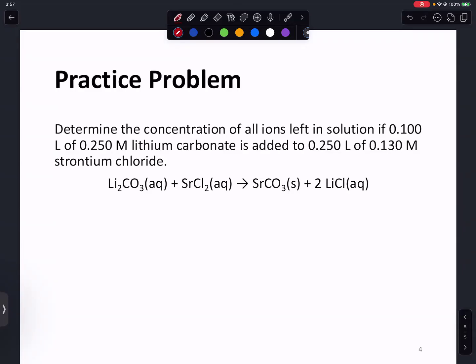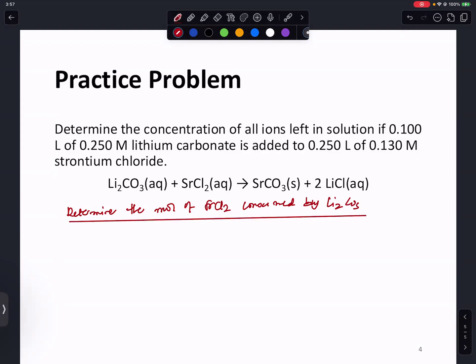So the first thing we need to determine is the moles of strontium chloride consumed by lithium carbonate. This is the first thing we're going to do.